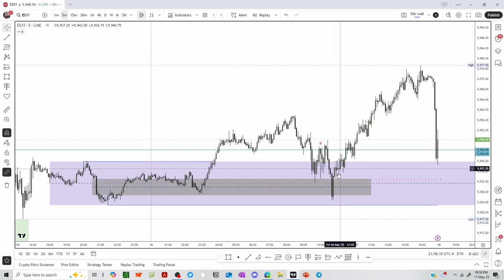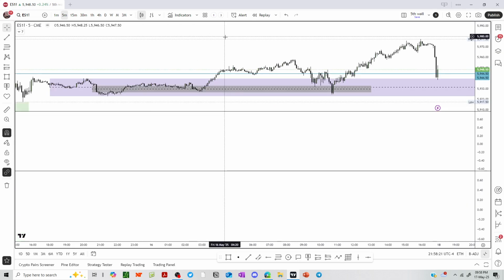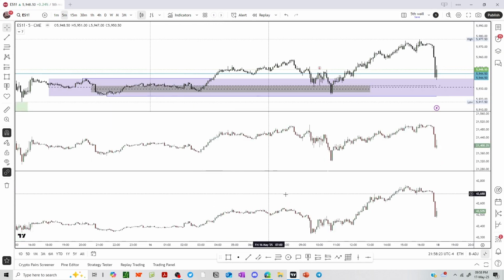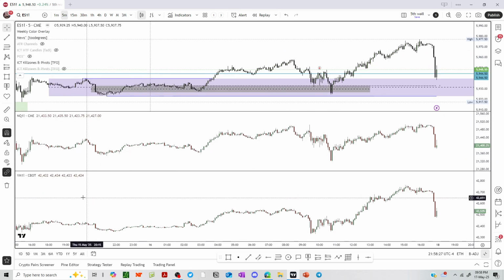So yeah, there's a question here, right? If price is so close to the age of low, how come it didn't run the low here? And the problem is that the NQ and the ES and the YM, right?